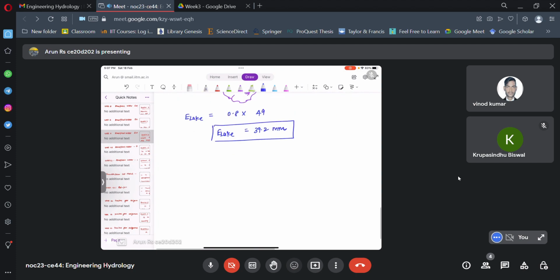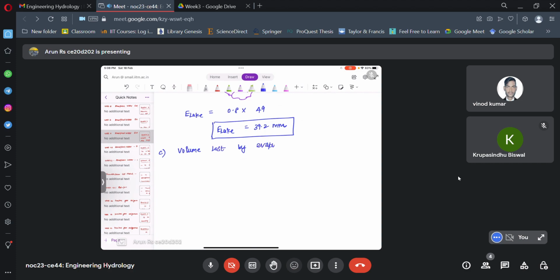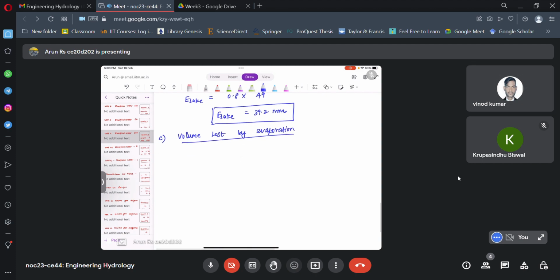39.2 mm. So next we need to determine the volume, how much volume is lost. This is a very important factor that comes into play during the management of water resources. So the volume lost by evaporation: you have the surface area of the lake, which is already given, multiplied by your evaporation of the lake.